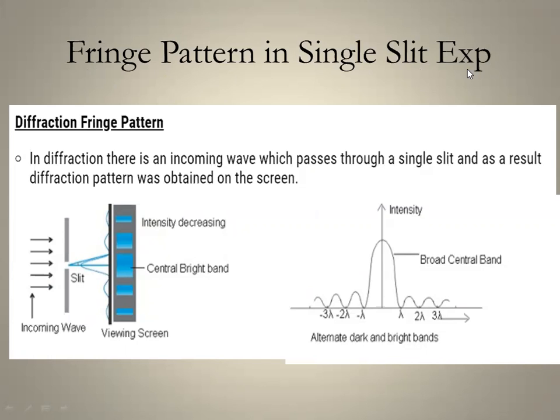But in the single slit experiment, you can see only one slit. There is a light source. From there the waves come parallelly, and when they reach the slit opening where the light penetrates, it starts moving in all directions.